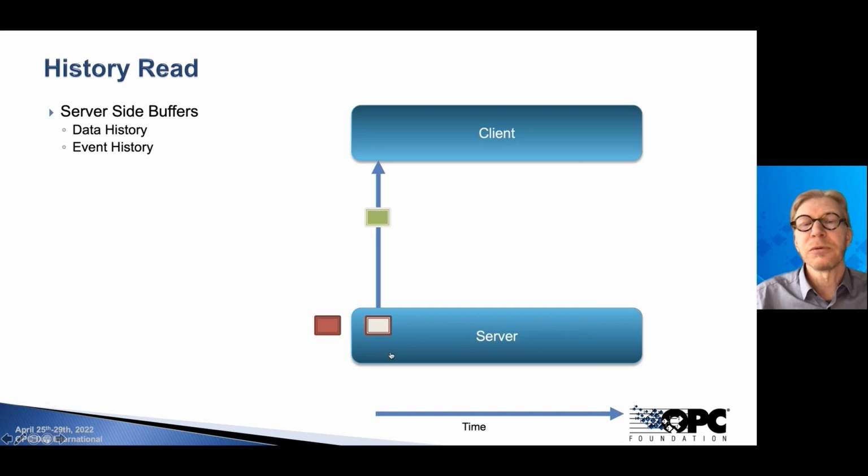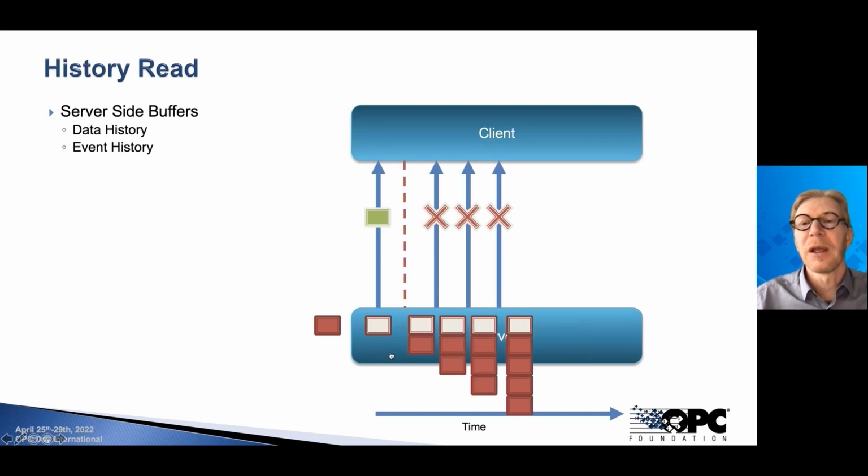Whenever we get new samples, they will be delivered to clients, but the server still keeps the samples in its own buffers if other clients need them. And if we get a connection break and new samples, they just keep fitting to the buffers. The good thing here is that the buffers can be much longer than in the subscription model, where the server has to keep separate buffers for each client.